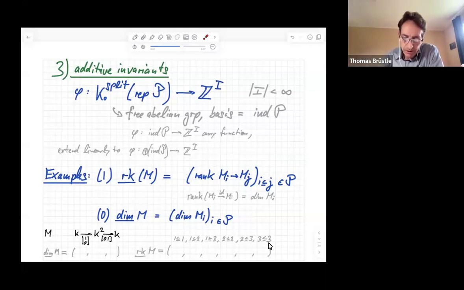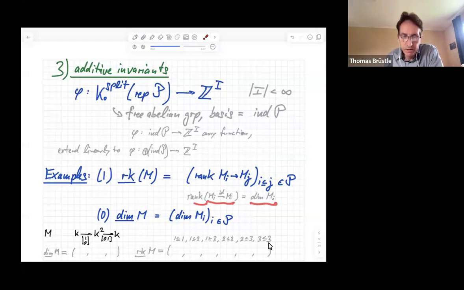And if i is smaller or equal to j, this includes the case i equals j. So when i is equal to j, the structure map of the module is necessarily the identity, because we consider functors and categories, and this is the identity map. And the rank of the identity is nothing but the dimension of the vector space at this point.